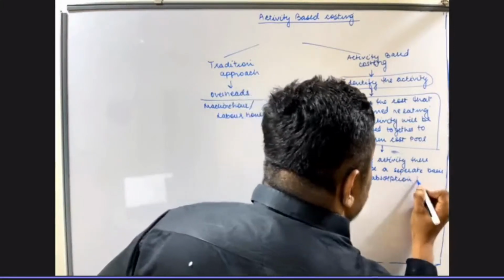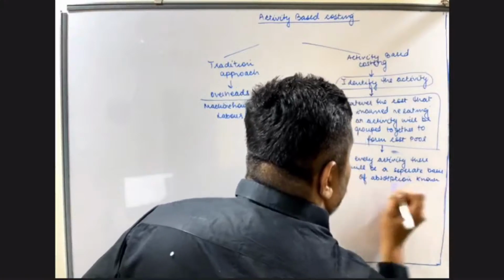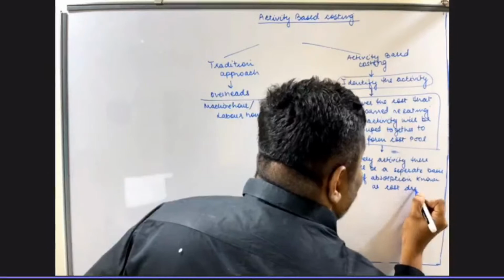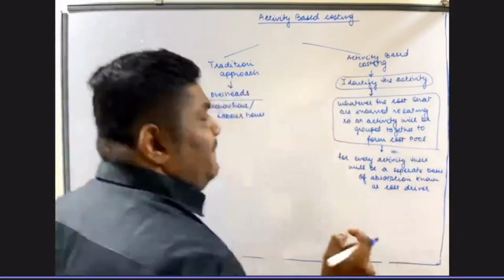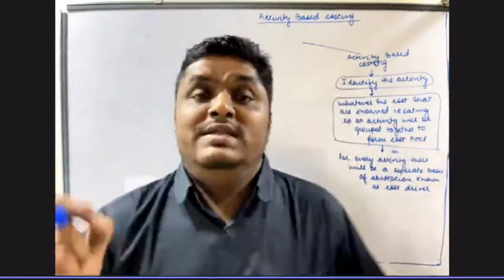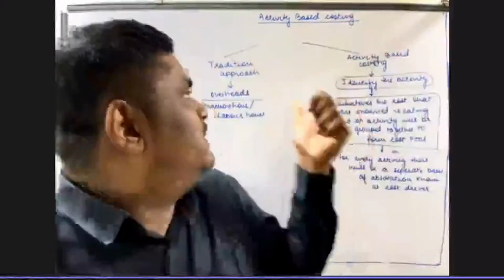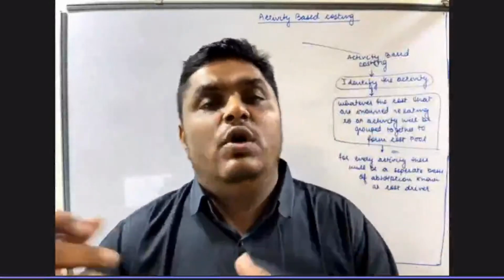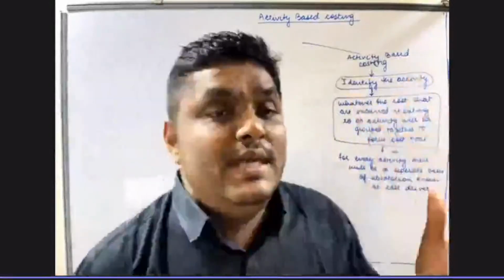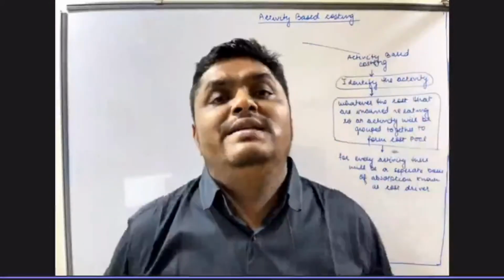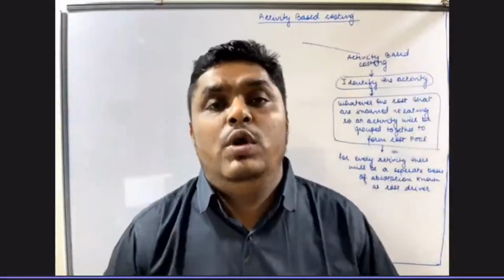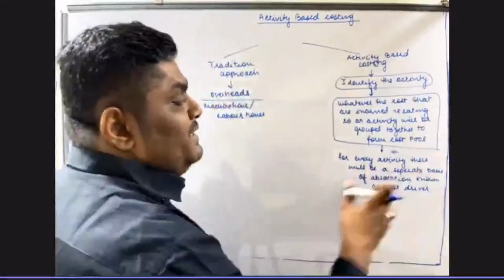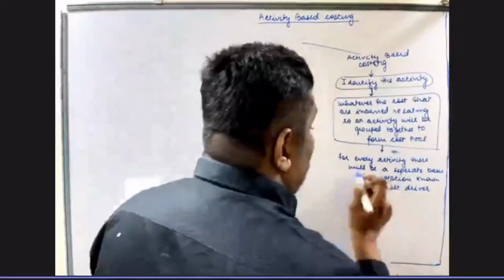We can call it a cost driver. Every activity will have a separate basis of absorption. Just as earlier all expenses had one basis of absorption, that is, either machine hours or labor hours, in activity-based costing every activity will have a separate basis of absorption, which we call the cost driver. So for every activity there will be a separate basis of absorption known as cost driver.